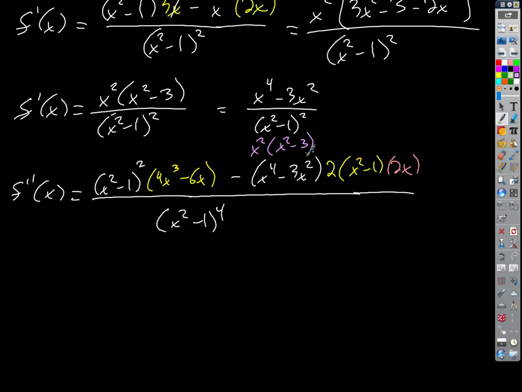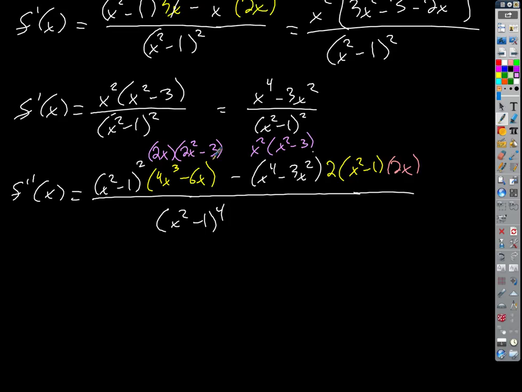What can I factor out of that? 2x, so I could replace that with 2x times 2x squared minus 3. Okay. That may or may not end up being real useful. Cancel out x squared minus 1. Yeah, it'll allow me, I can take a 2x out of this thing, couldn't I?